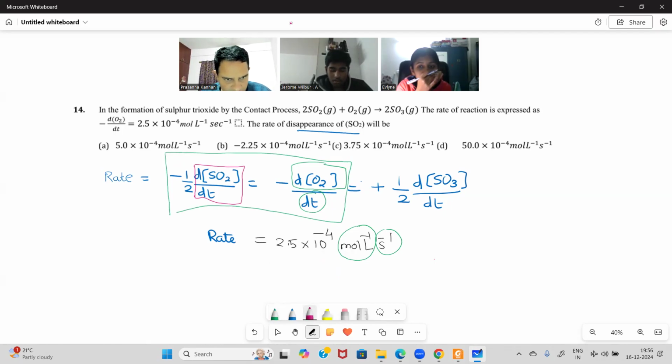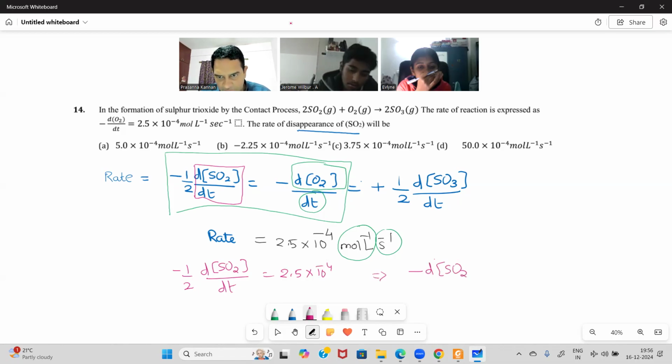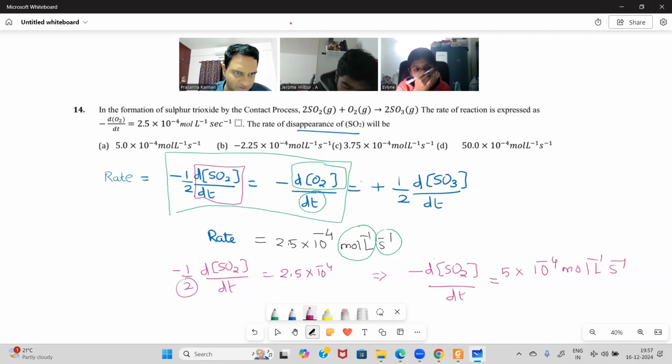So minus 1 by 2 dSO2 by dt is equal to 2.5 into 10 power minus 4 units. Therefore, minus dSO2 by dt, you just have to take this to that side, is 5 into 10 power minus 4 mole per liter per second, which is the first option. Straightforward.